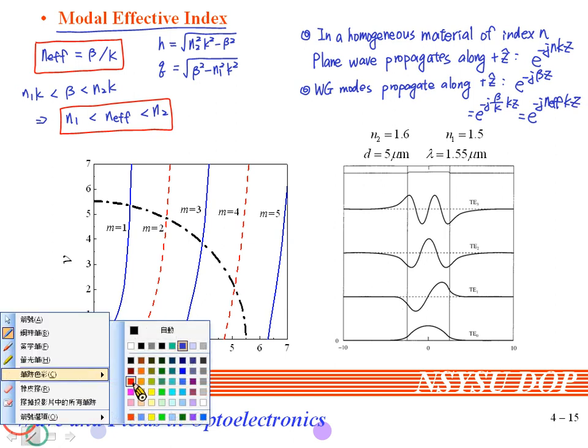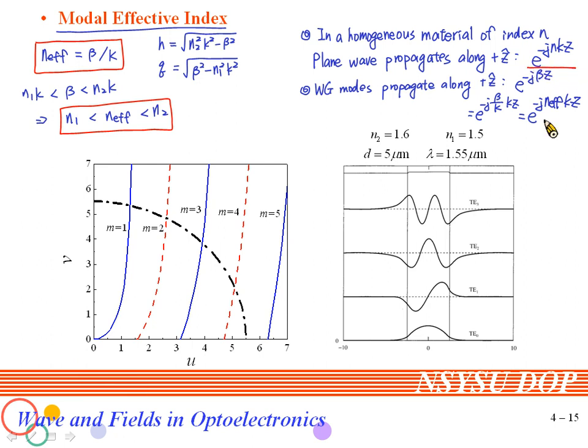And let's compare these two results. You will see that they have similar form. One is n, one is NEFF. So this means that as the waveguide modes propagate on the optical waveguide, it will be just like the plane wave propagating in a homogeneous material with the index NEFF.